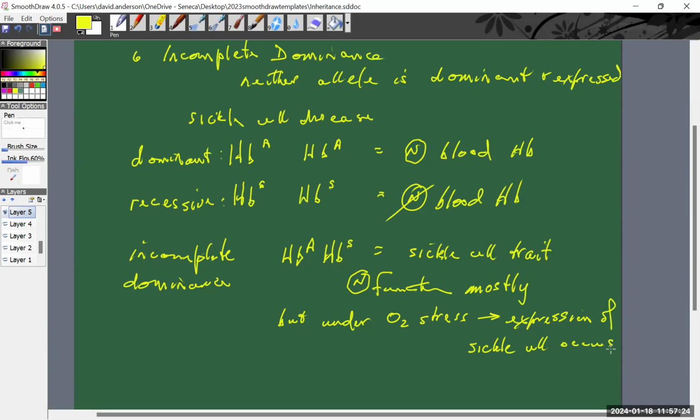So this is an example where as long as there's no oxygen stress on the individual, the blood cells perform the way they're expected to. But under stress, for example altitude, the expression of sickle cell occurs and it becomes a dangerous scenario for that individual.